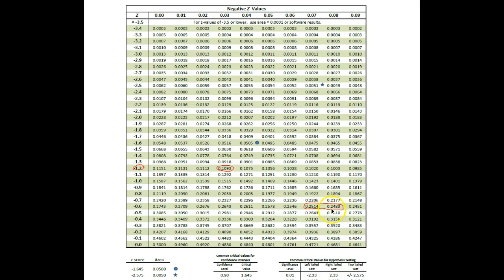This number is off by 0.0017, so it's going to be this number right here. So I'm going to go to negative 0.6 and up to 0.07. So my final answer is going to be z equals negative, because I'm in the negative table, 0.67. Cool. And that's the final answer.